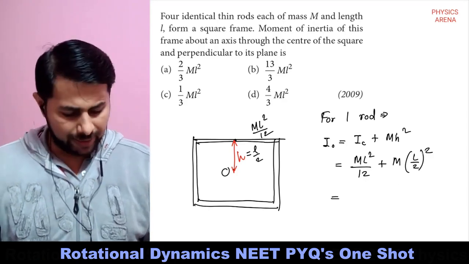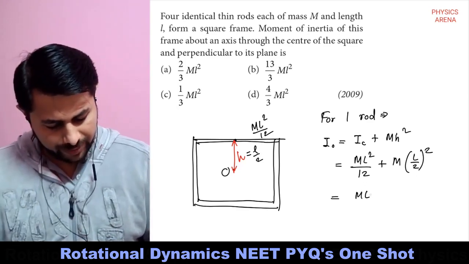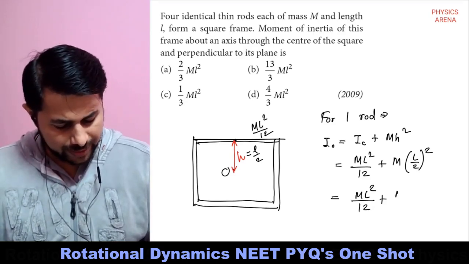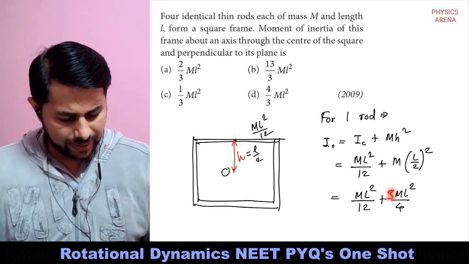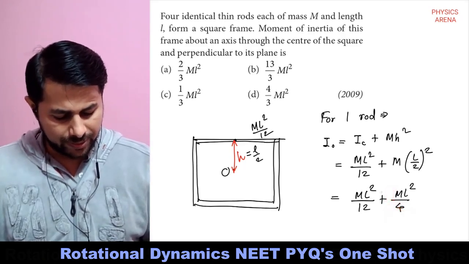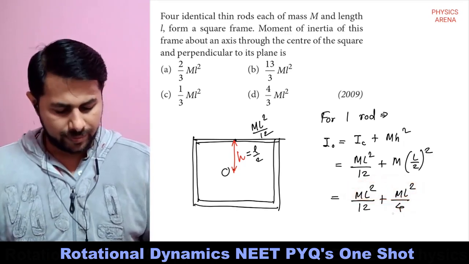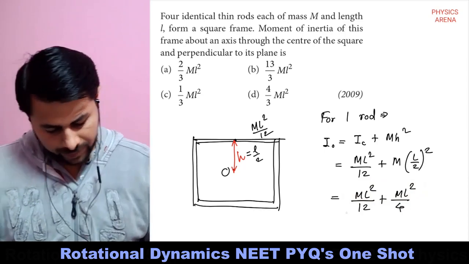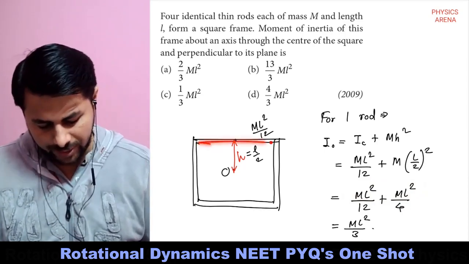So this is ML square upon 12 plus ML square divided by 4, or 3 by 12 ML square. So this will be 4 by 12 ML square, or ML square upon 3. So this is for one of these rods.